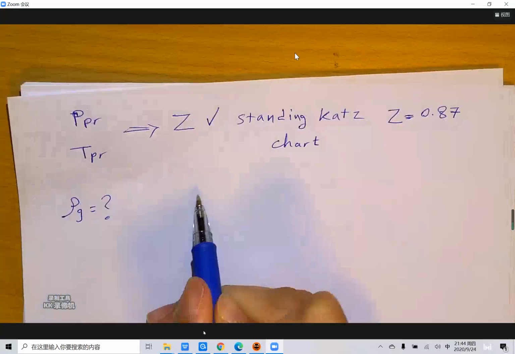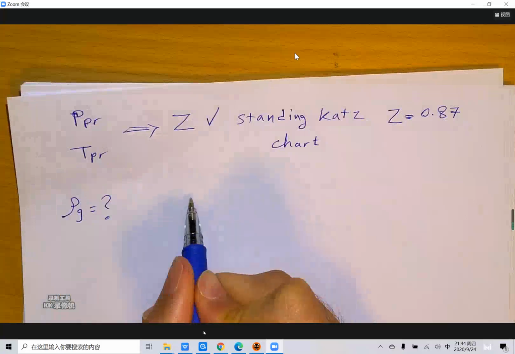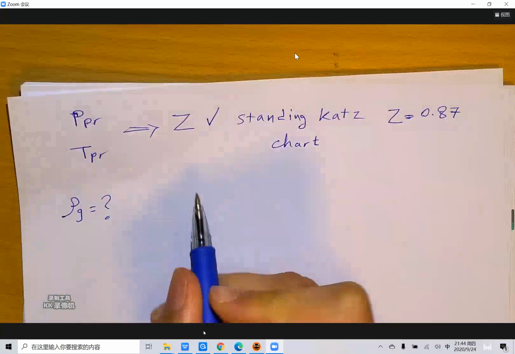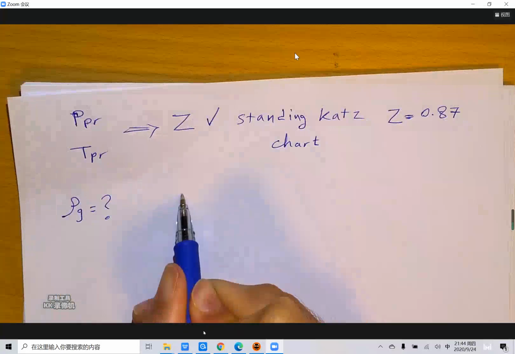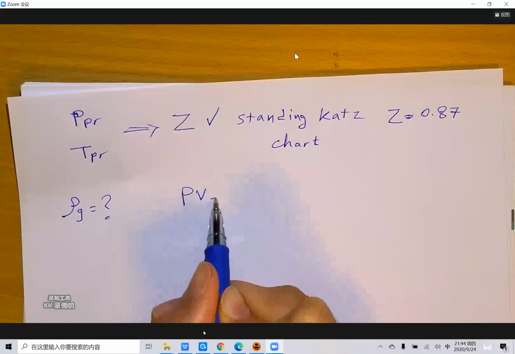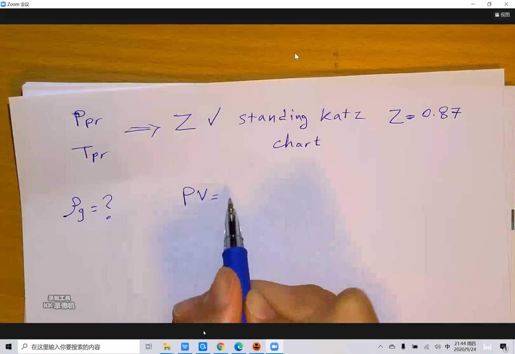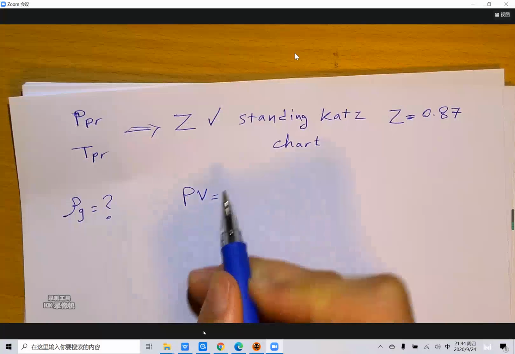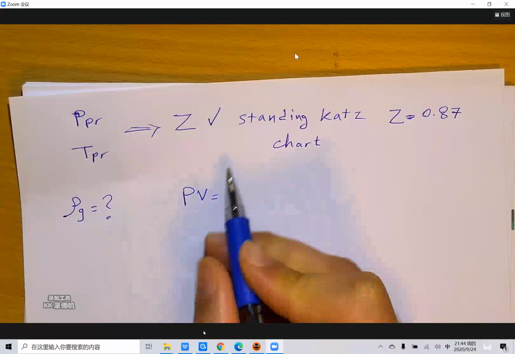You have to use the ideal gas equation: pressure multiplied by volume equals the compressibility factor and so on.